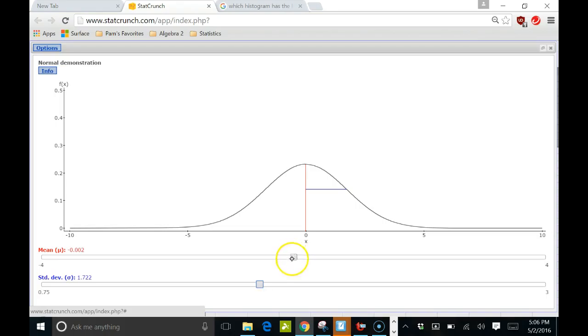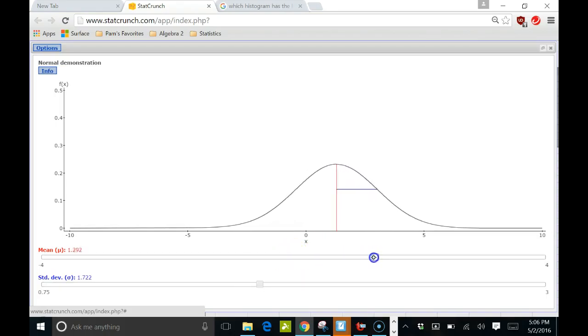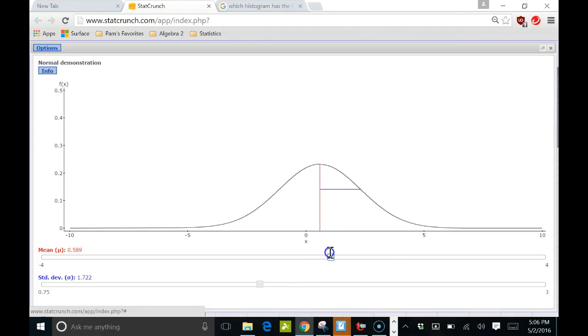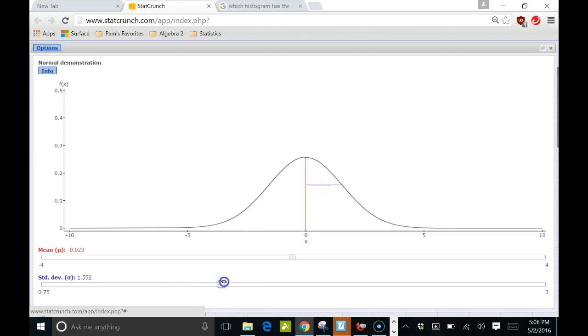Now, I can also shift the mean. This is basically a translation. It's not changing how fat or thin the normal model is. It's just shifting it. In general, when the mean is 0 and the standard deviation is 1, we consider this to be a standard normal model.